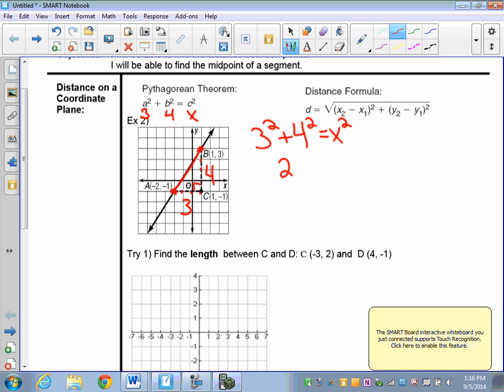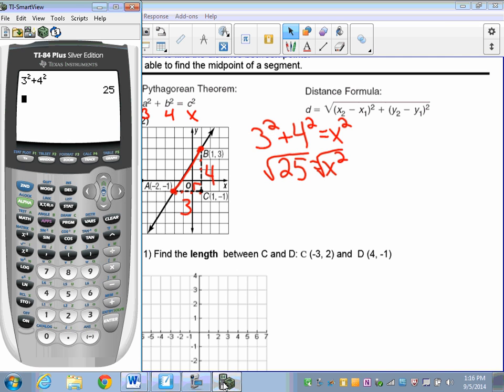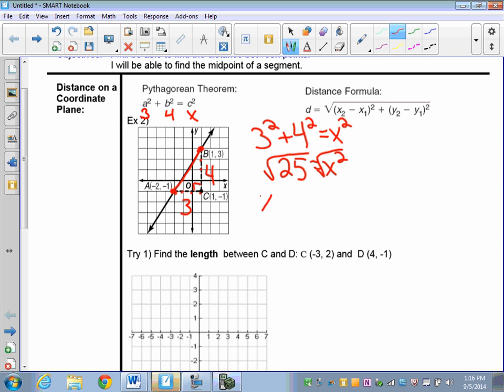So 25 would be equal to x squared, and I would just take the square root of each side, and on your calculator you hit second, and the square button gets you square root 25. So x is going to be equal to 5, so the distance is 5. If you need to copy this down, please do it now or pause the video, because I'm going to use the distance formula now.